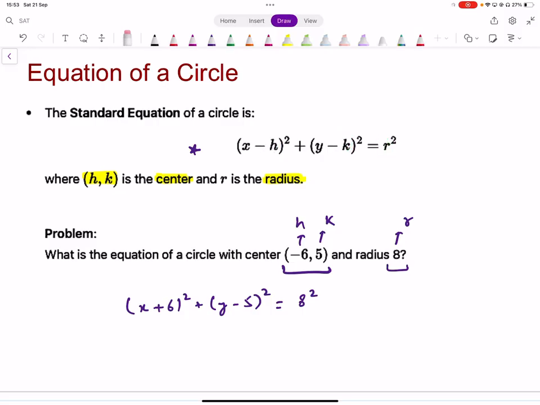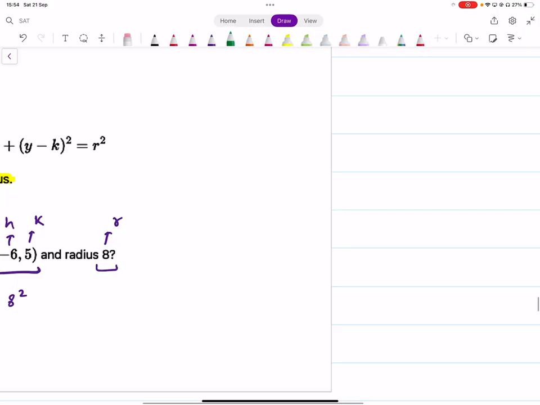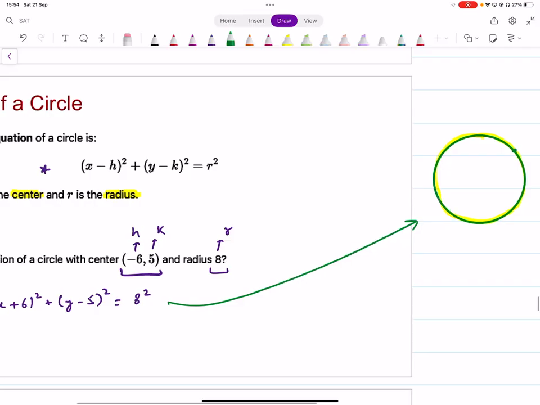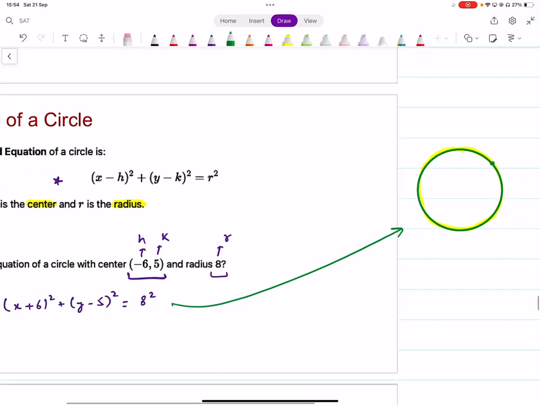Now, what does this equation represent? It represents every point on the circumference of a circle. So if you have a circle like this, it represents points on the circumference of the circle. If this is the equation of the circle, every point on the circumference will satisfy this equation.